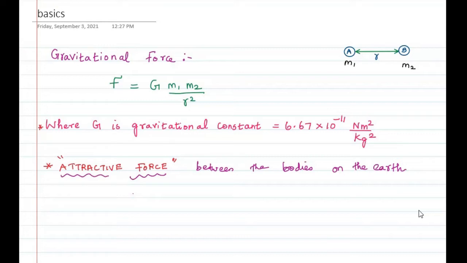It is given by F is equal to capital G into M1 into M2 divided by R square. G is the gravitational constant, 6.67 into 10 to the power of minus 11 Newton meter square divided by kg square, M1 and M2 are the masses of the two bodies, and R is the distance between the two bodies. The gravitational force will always be an attractive force.